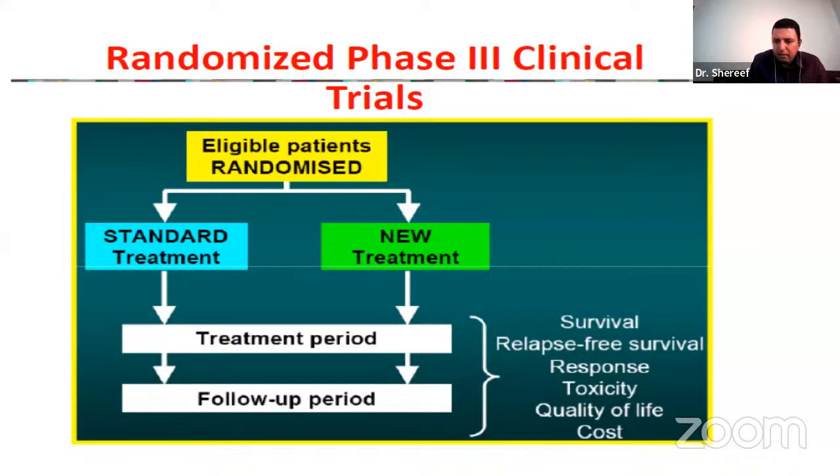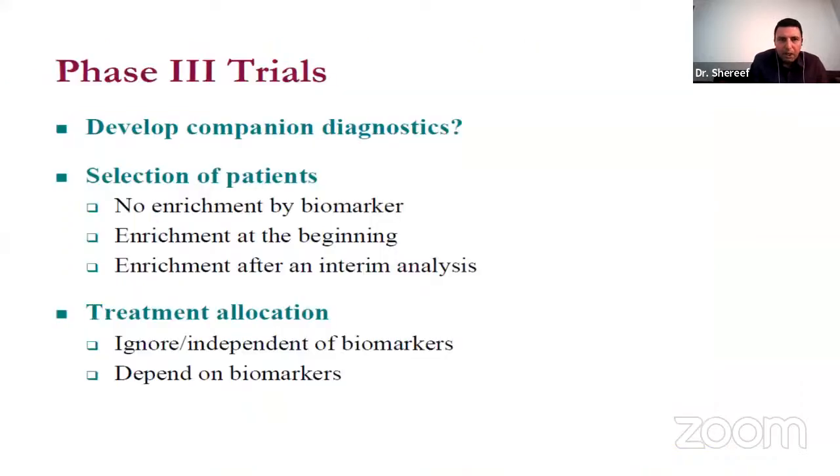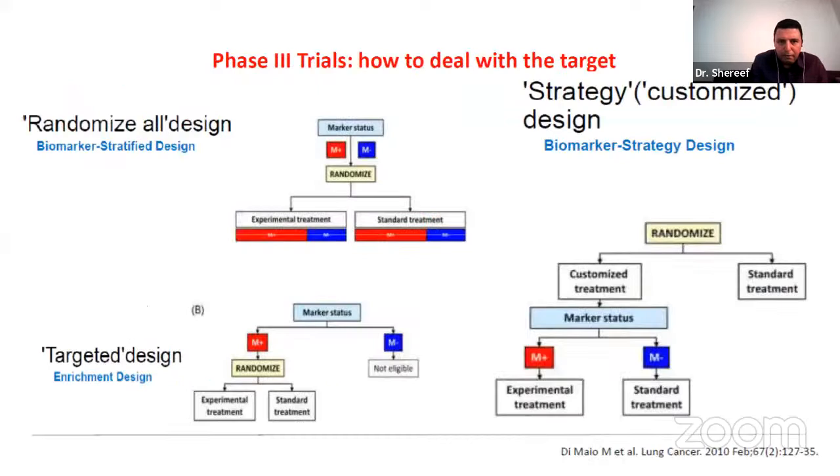How to conduct that in the era of precision medicine? The problem is you need to have a companion diagnostic, and you need to test the new medication against the standard of care based on the biomarker selected. And we have different ways of conducting phase 3 clinical trials in this era. You have the trial that is testing all comers and then looking for subgroups having the biomarker versus those not having the biomarker.